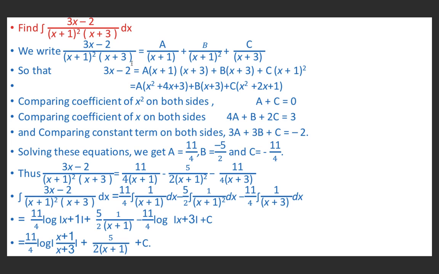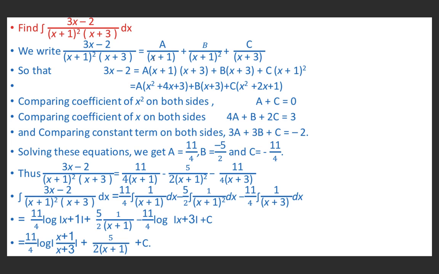So in this case, we will write a upon (x plus 1) plus b upon (x plus 1) whole square because it is repeating twice. Again, the third is c upon (x plus 3). So now we know how to write the function of different forms into partial fractions.